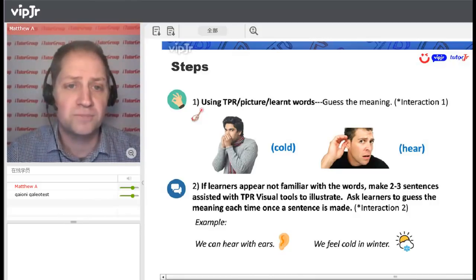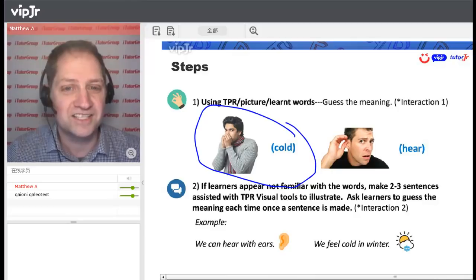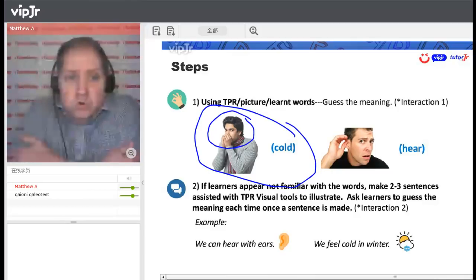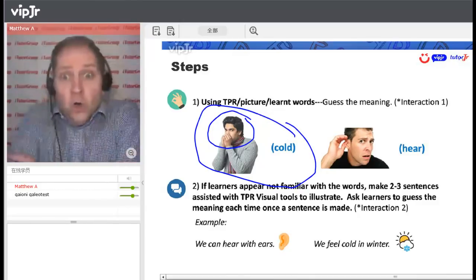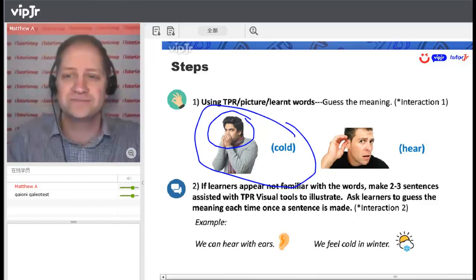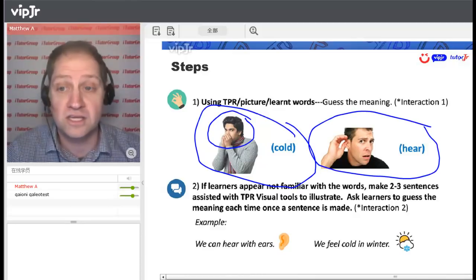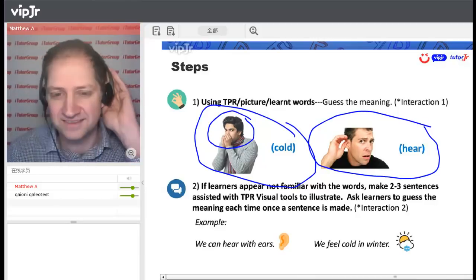So, for example, in this first one here, we're talking about cold. And you see our teacher's gesturing very well, isn't he? Cold, cold, cold. Or maybe we're teaching the verb here.